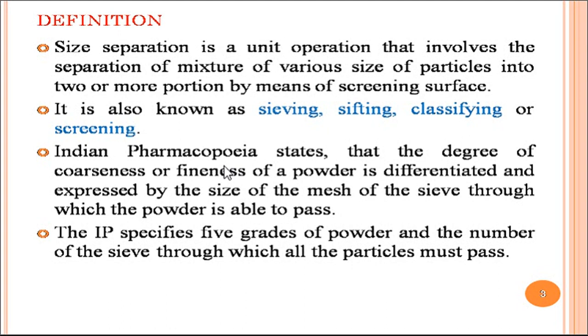So it's a unit operation that involves the separation of a mixture of various sizes of particles into two or more portions by means of a screening surface. What is called a screening surface? It is nothing but something like a sieve, where we add the material, and by means of the aperture size or sieve number, we get the segregation of the raw material or powder going for size separation.